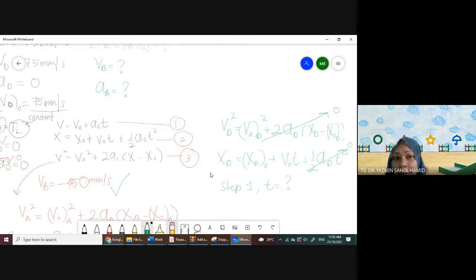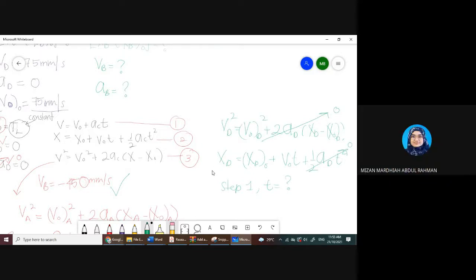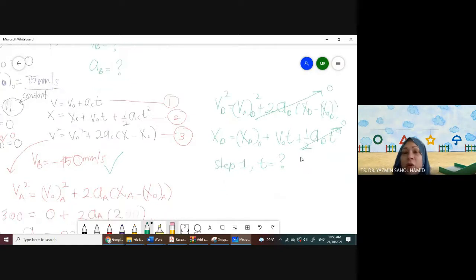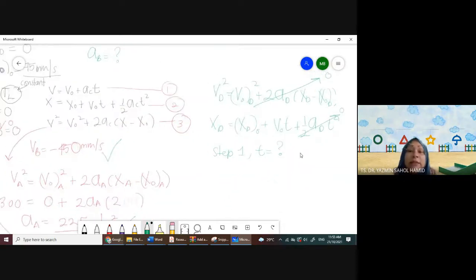And how are you going to find T? Using what equation? Equation 1. Yes, equation 1. However, for equation 1, because the time is the same for collar A, for block B, and for pulley D, you can use equation 1 for the others also.